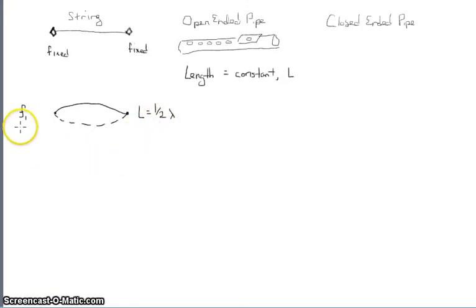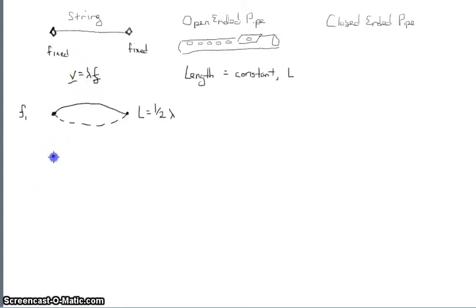Now, if we increase the frequency, since the string doesn't change, the speed will remain constant. Looking back at the proportionality, if the speed remains constant and we increase the frequency, the wavelength has to decrease.